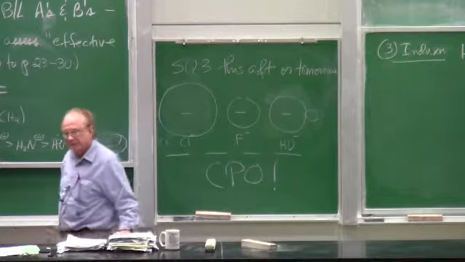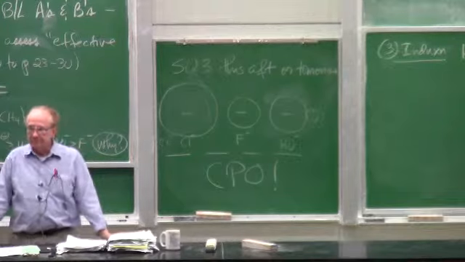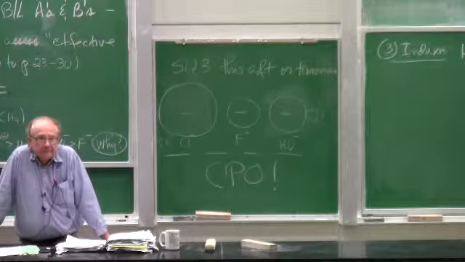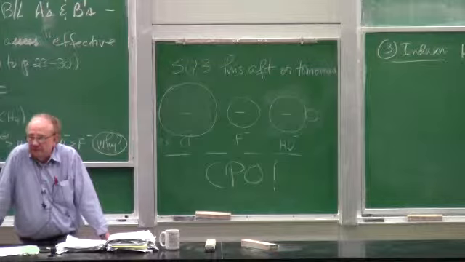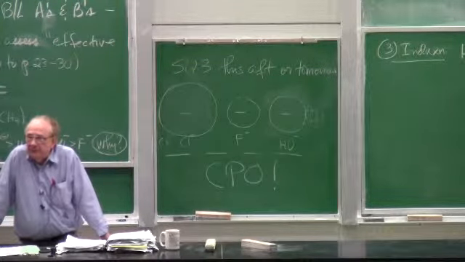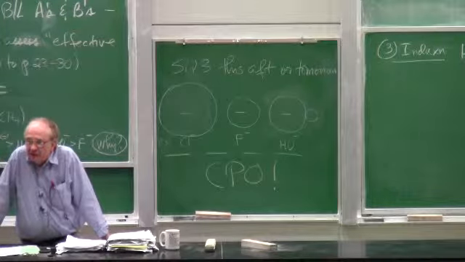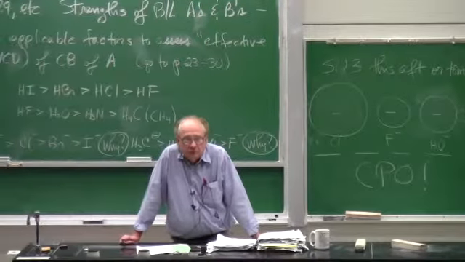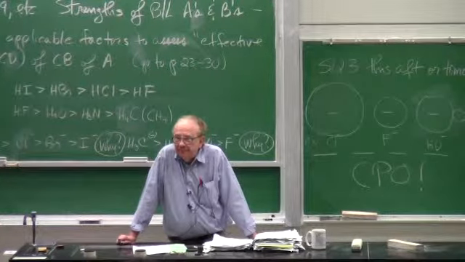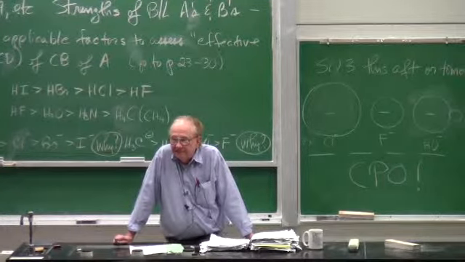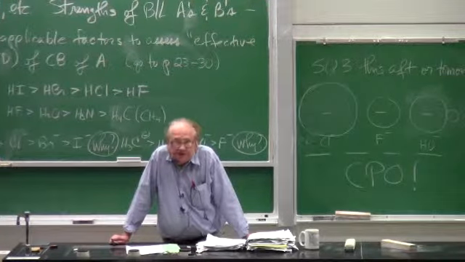Think before you answer. If the difference in base strength between hydroxide ion and fluoride ion depended on charge to size ratio, which would be the weaker, more stable base? Hydroxide ion. Now let's look at the facts.